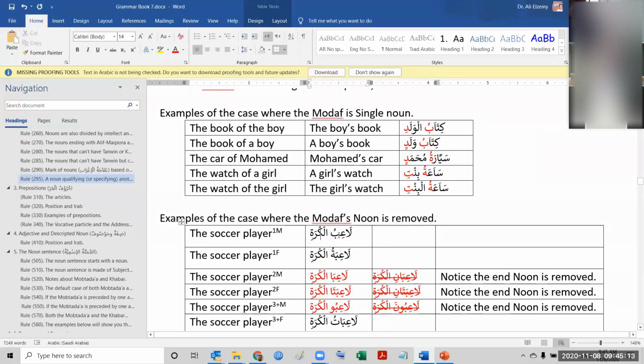The first one is mudaf, and the second one is mudaf ilayh. Mudaf ilayh is always majrur, no exceptions.